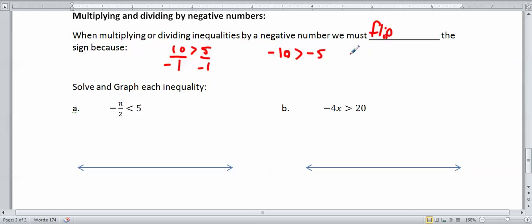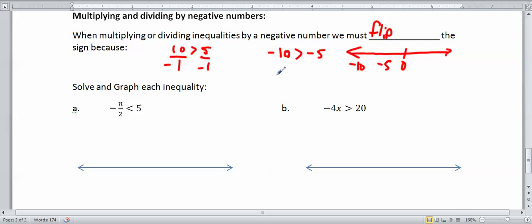Is -10 greater than -5? Well, let's look at that on a number line. So on my number line, I've got 0, right? -5 is somewhere over here, and -10 is down here. So my two points, -10 and -5, well, -10 is definitely not greater than -5 because things that are more to the right on a number line are bigger. So -5 is actually the bigger number here.